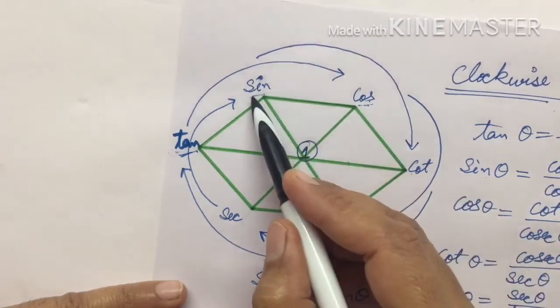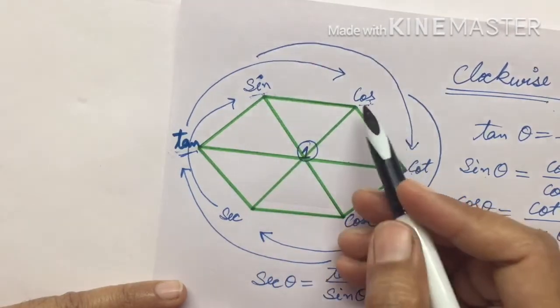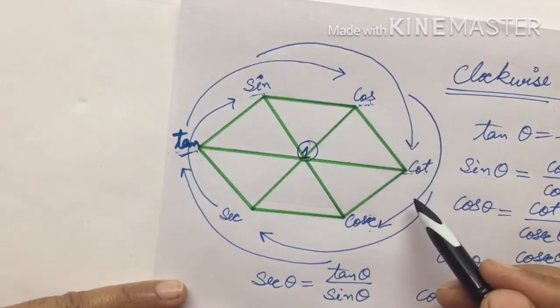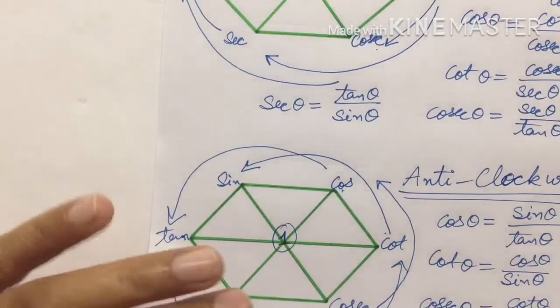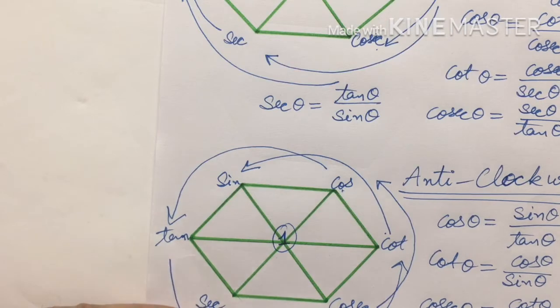If we start from sine, then sine will be equal to cos upon cot, second by third. So always remember that the first function is equal to the second function upon the third function.